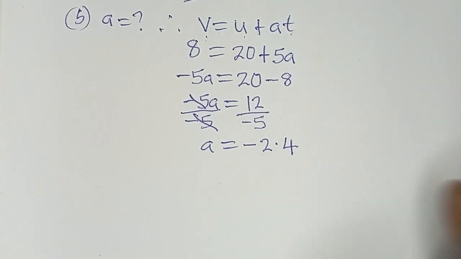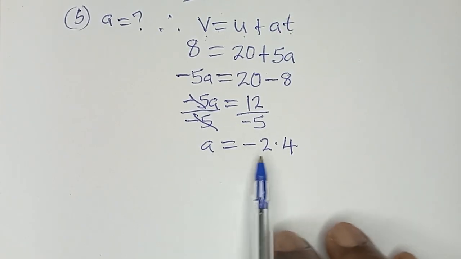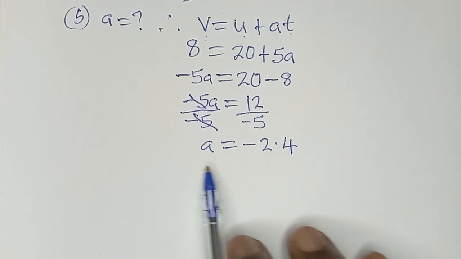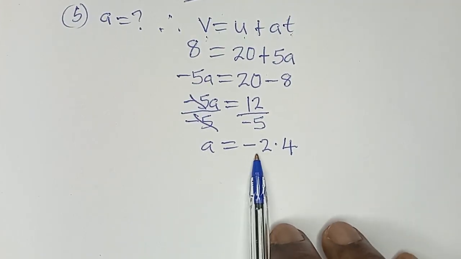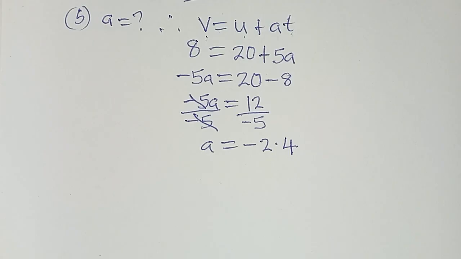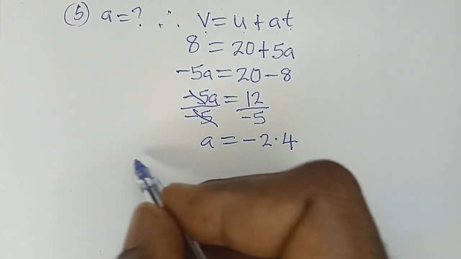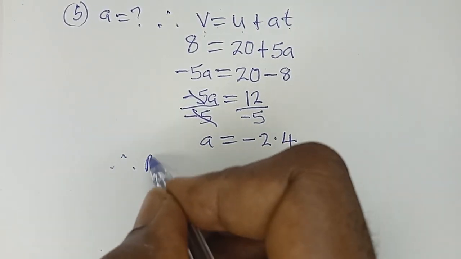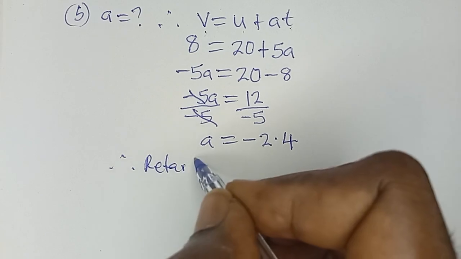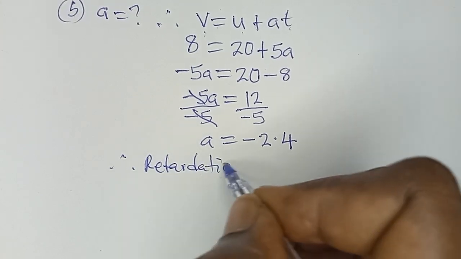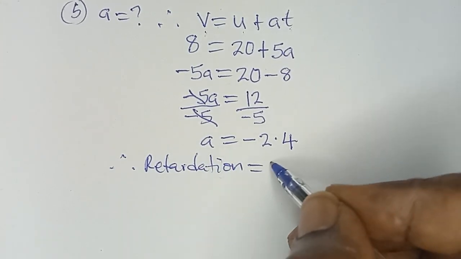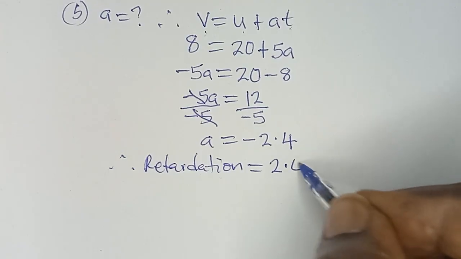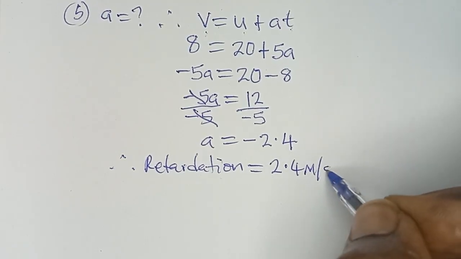Negative 2.4. Don't forget, I told you at the beginning that retardation is negative acceleration. So it is retardation, that is why it is giving us a negative value. But in conclusion, we can finally say, therefore, that the retardation is equal to 2.4 meter per second square.